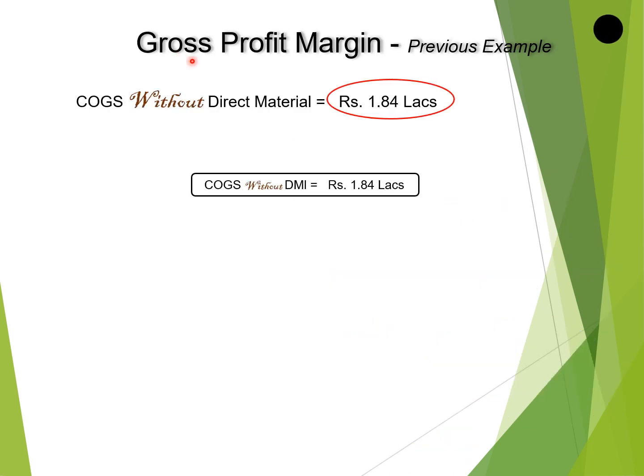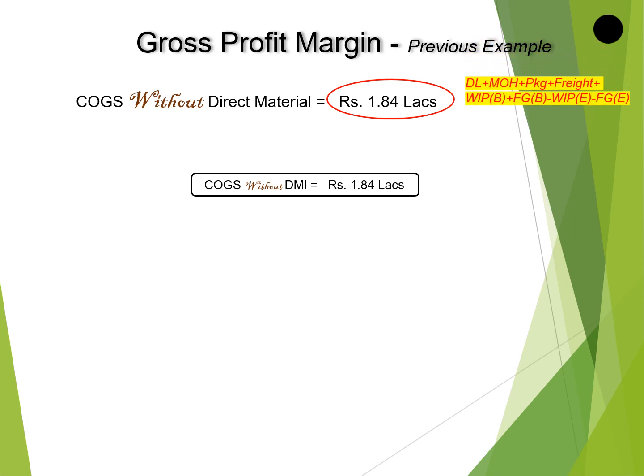Let's calculate gross profit margin using different methods of calculating direct material cost. So from the previous slide, we can calculate COGS minus direct material was rupees 1.84 lakhs. And what all was it including?